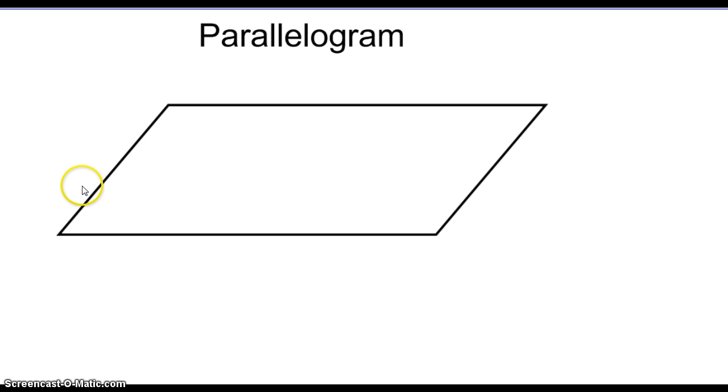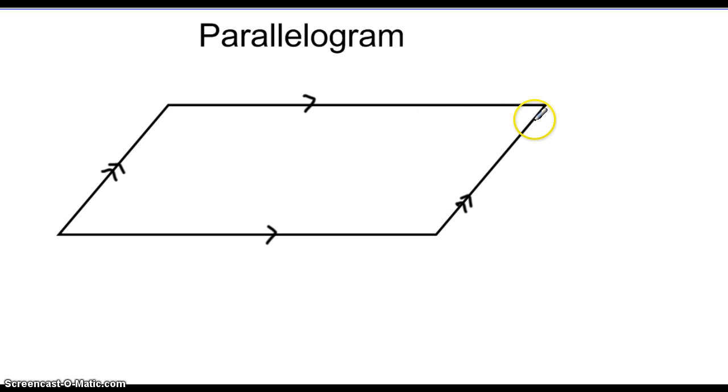In a parallelogram, first of all, it has the name parallel for a reason. In a parallelogram, opposite sides are parallel to each other. So if this was my parallelogram, I would put arrow here and arrow here, which means that those are parallel. It also means that these are parallel to each other. So one thing that you're going to remember, if these are parallel, these are going to be same side interior.